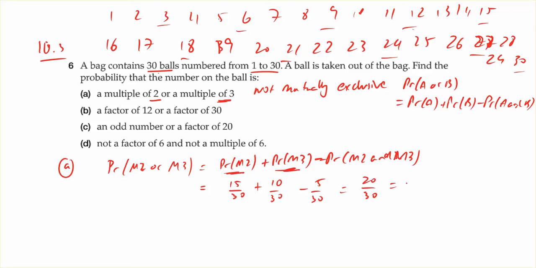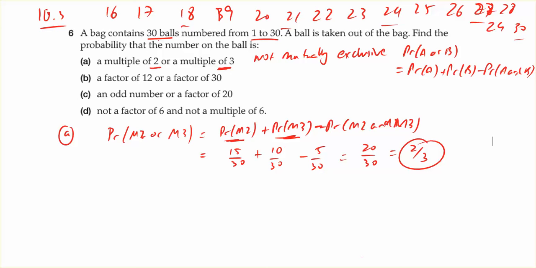Now 20 and 30 both go into 10, so 2/3 is your final probability. Summarizing here, we're trying to find the numbers which are multiples of 2 and multiples of 3. Because they're not mutually exclusive, we subtract the numbers that are multiples of both 2 and 3.